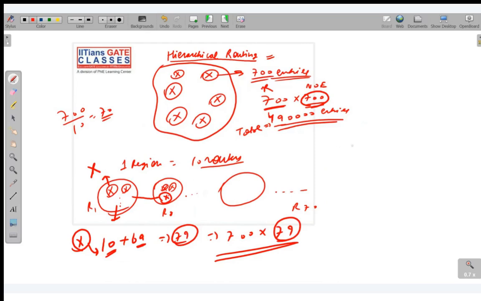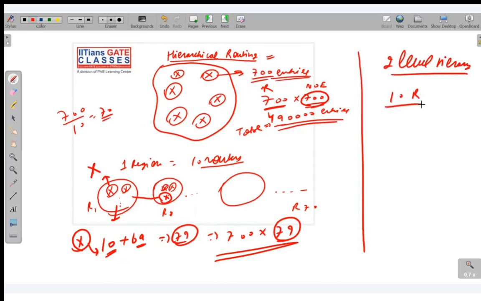So, 2-level hierarchy. 10 routers will make one region, and 5 regions you will make one cluster. And for calculation easiness, take 10 regions, 10 regions, one cluster. So now how many entries will be there?